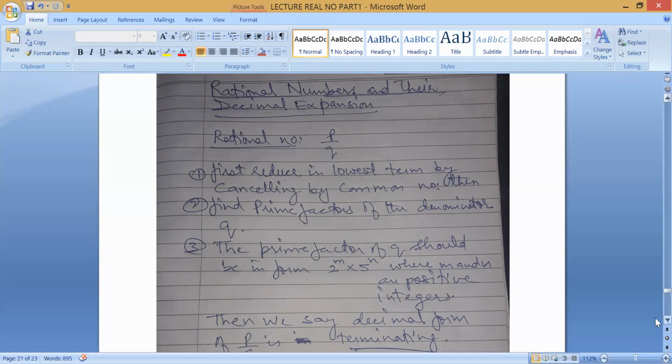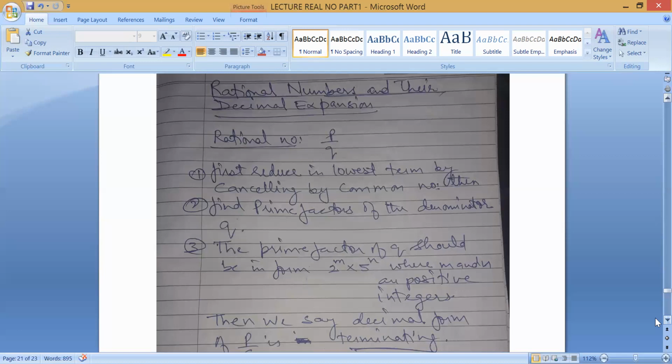First, reduce to the lowest terms by cancelling the common factor. Suppose 35 upon 50 is given to you. One example I will tell. 35 upon 50. First of all, you cancel that is 5. You have to divide 35 by 5 and 50 by 5. So you will get 7 upon 10.